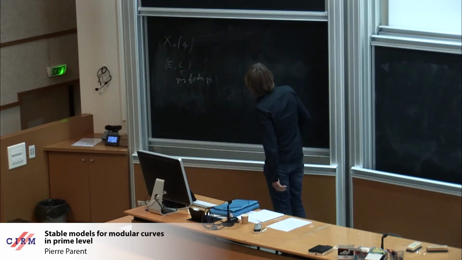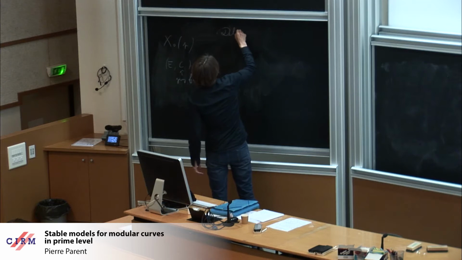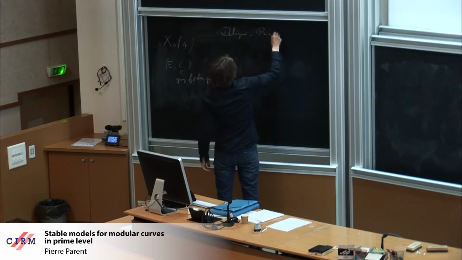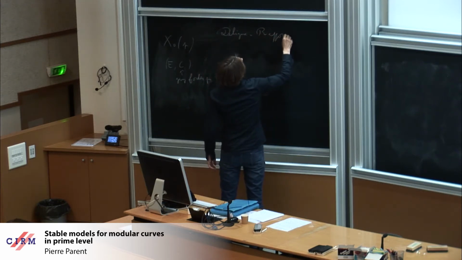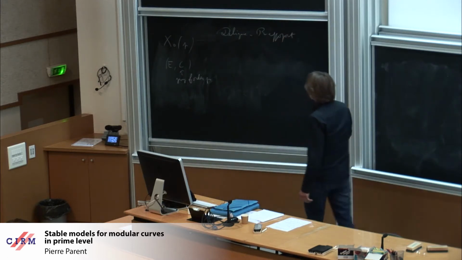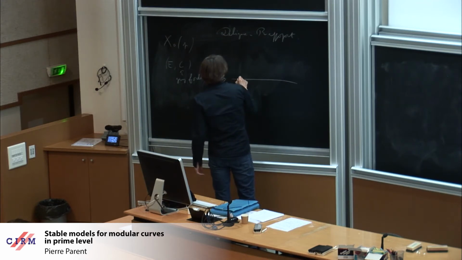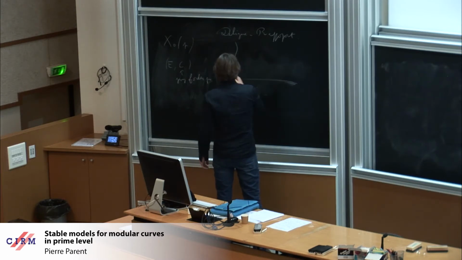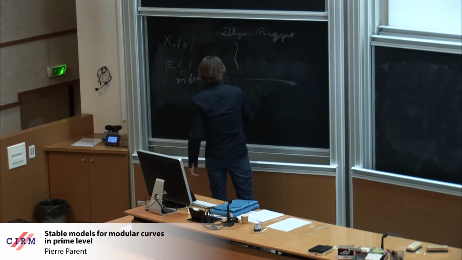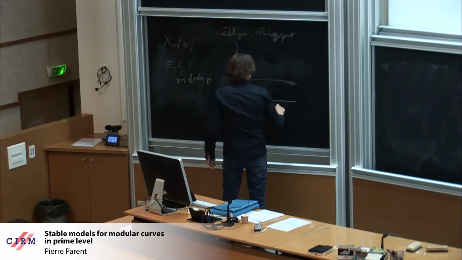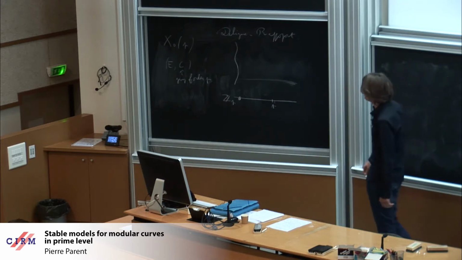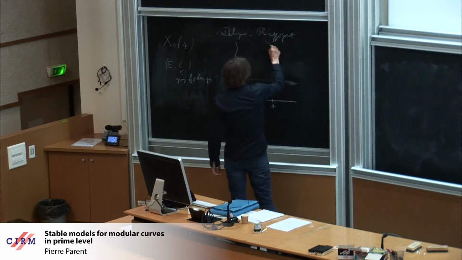And this has a well-known integral model described by Deligne and Rapoport, which says that over Z_p, of course this is a generically smooth curve, which at p becomes singular and has the following shape.